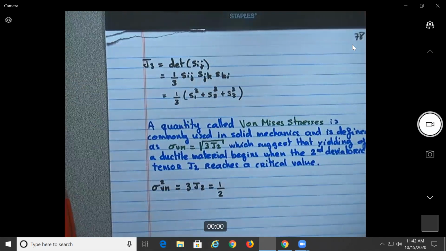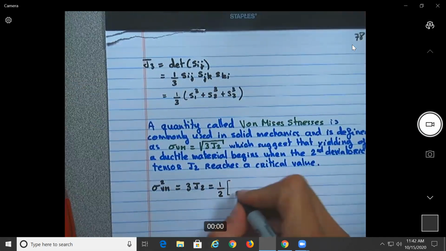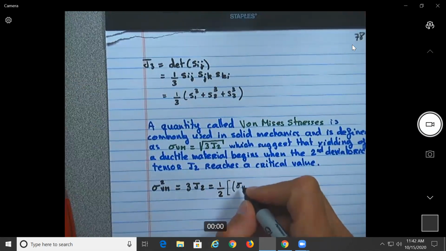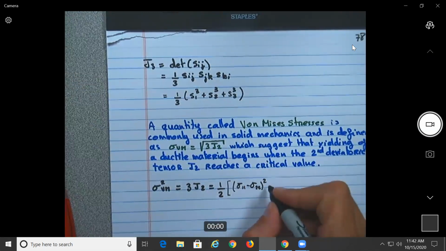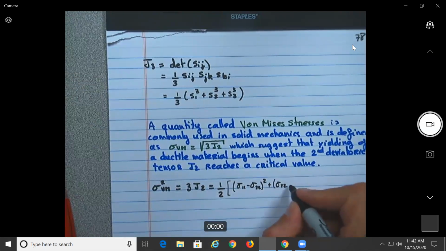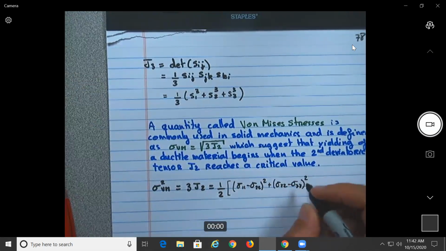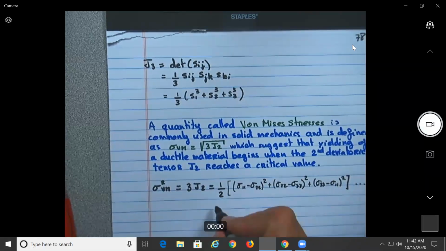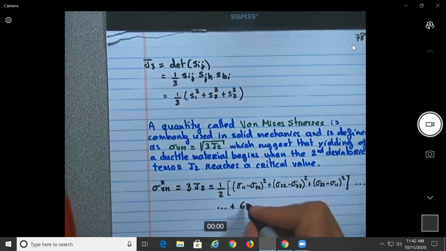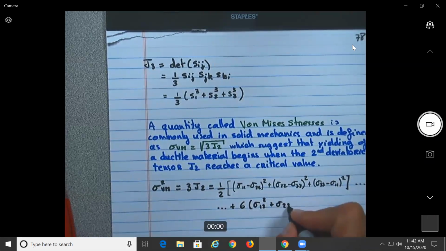So it will be 1/2 of (sigma 1,1 minus sigma 2,2) square plus (sigma 2,2 minus sigma 3,3) square plus (sigma 3,3 minus sigma 1,1) square plus 6 times (sigma 1,2 square plus sigma 2,3 square plus sigma 3,1 square).